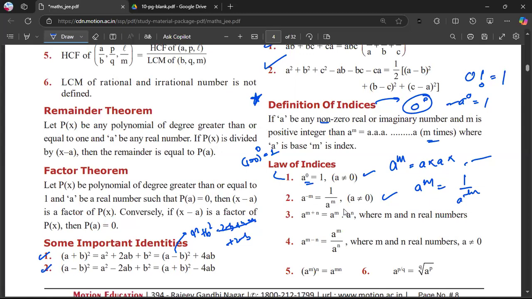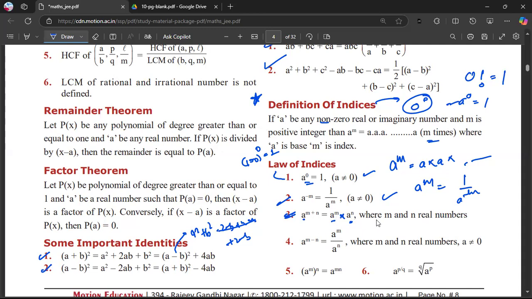Understood? Yes, sir. So if there is the same base and two powers are added, they can be written as a product. It works both ways, bidirectional.